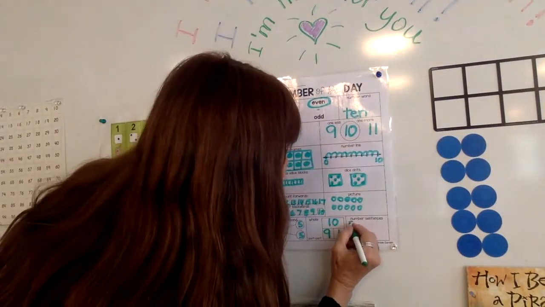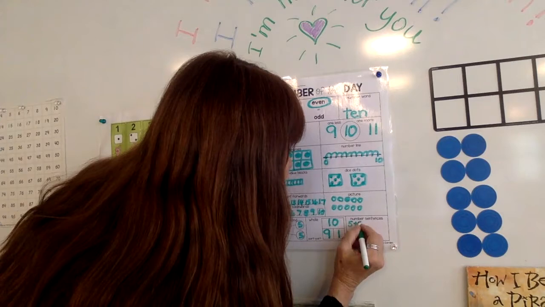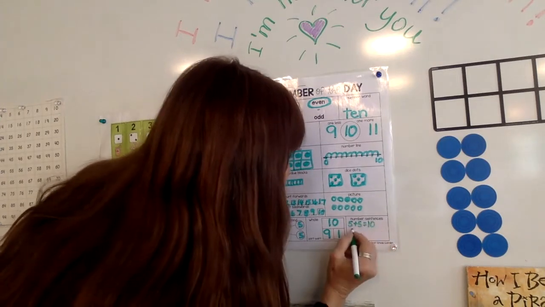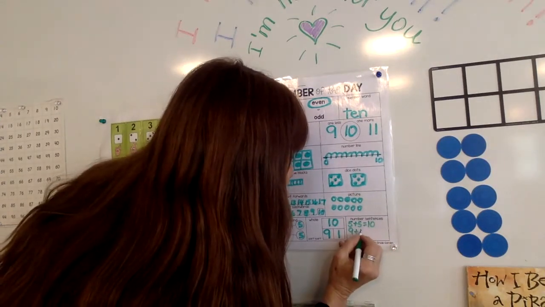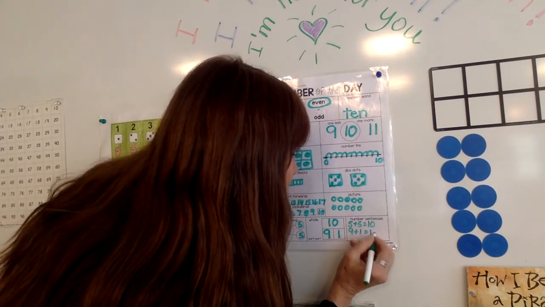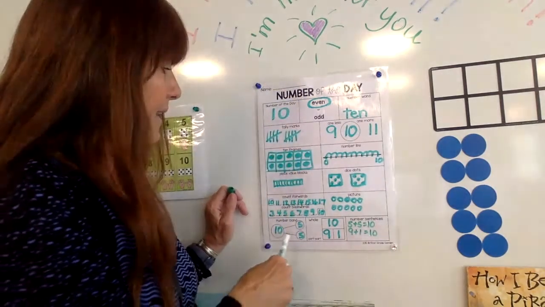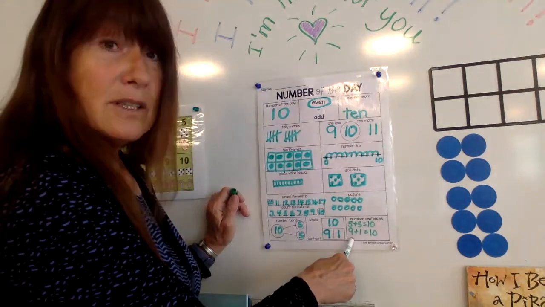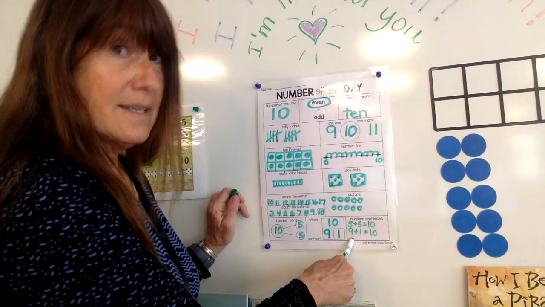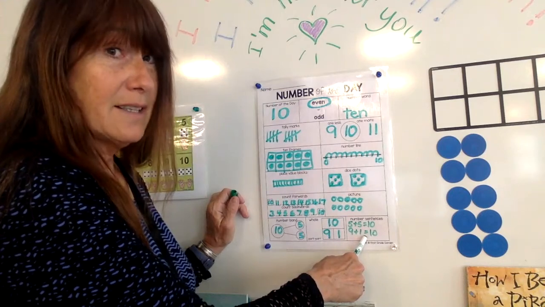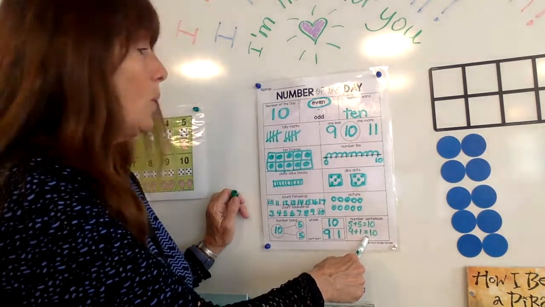We have 5 plus 5 equals 10. And we have 9 plus 1 equals 10. Okay. These are called equations. It's a number sentence with an equal sign. That's an equation.